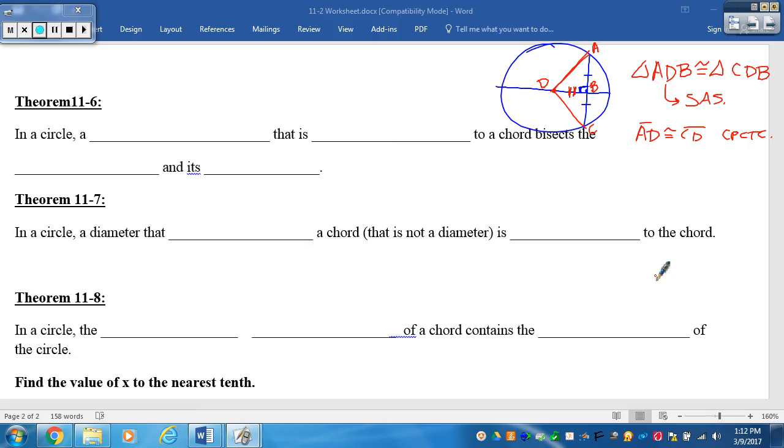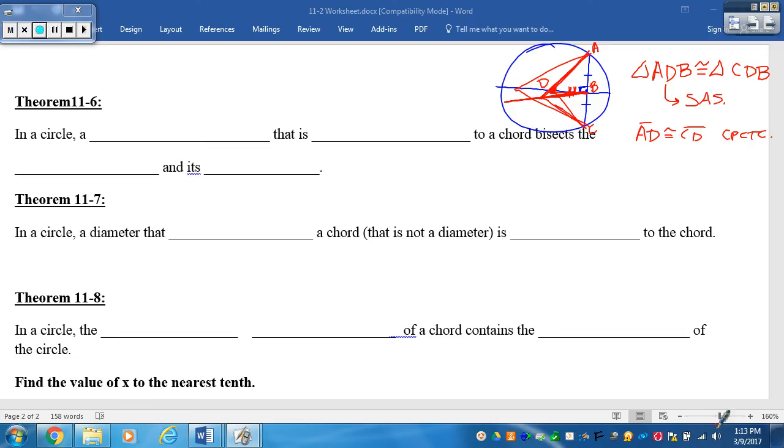All right, so here's the deal. You may be thinking that this point could be anywhere along here, and it would still be equidistant from A as it would from C. And you're exactly right. The problem is this: if this is not the center point, then as it moves away from this chord in one direction or the other, we get further from A than we do C, or the opposite.